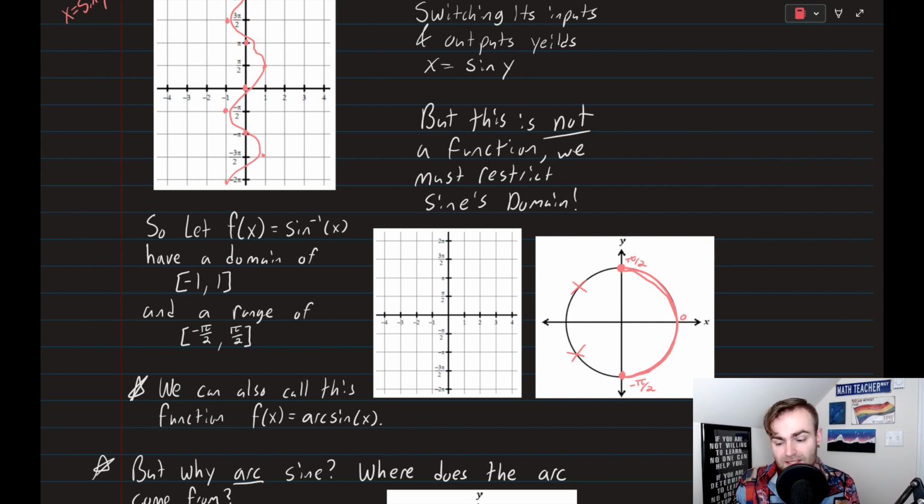What does that look like graphically? Well, we are just snipping this part of the curve out. So we're taking this part, and this part, and connecting them like so. That little tiny function is the inverse sine function.